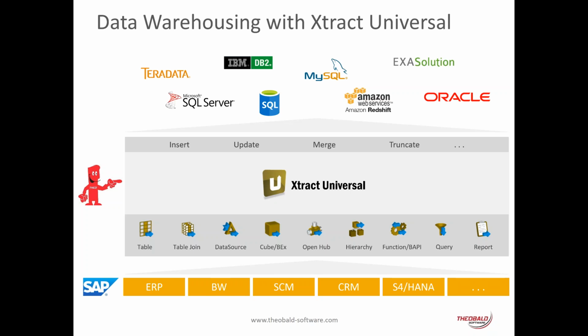So for customers that have on-premise database environments like SQL Server, Teradata, Oracle, you can also write to those destinations with Xtract Universal. All of what you see here on this slide is built into Xtract Universal, comes with your Xtract Universal license.